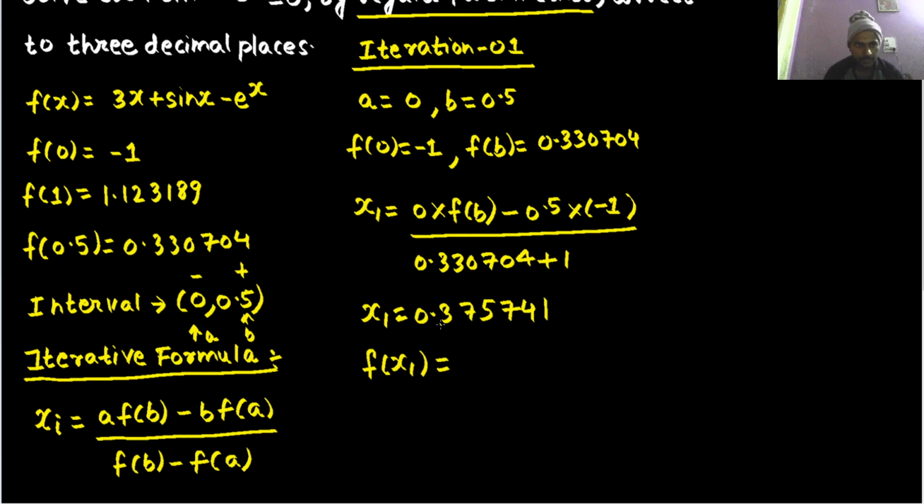Inside sin again the same value, 0.375741, minus e power 0.375741.